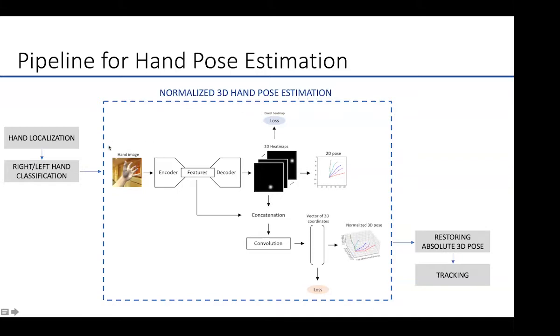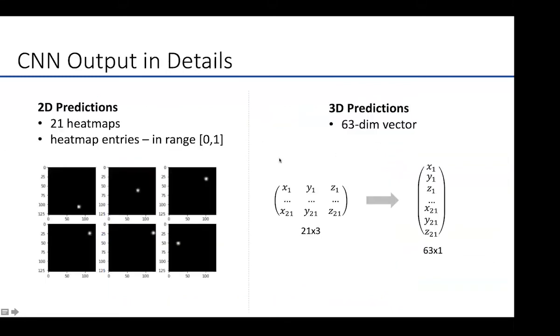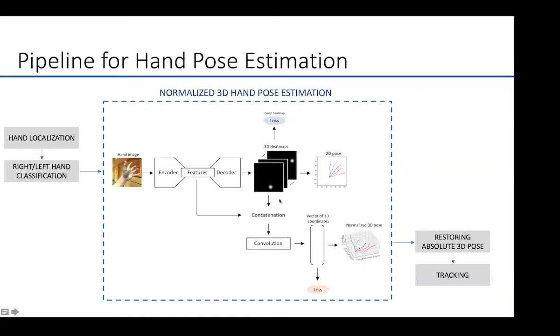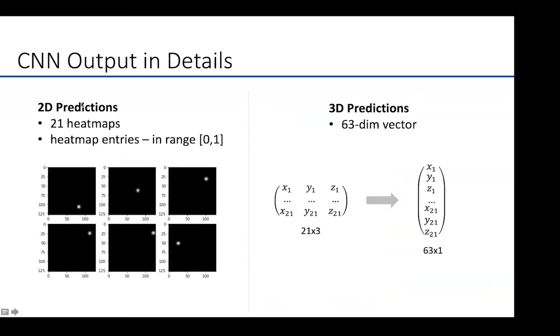The assumption is that you already have an image of a cropped hand, and that's it. This network has two outputs, here and here, for 2D and for 3D. The output for 2D is heat maps. This is how these heat maps look.